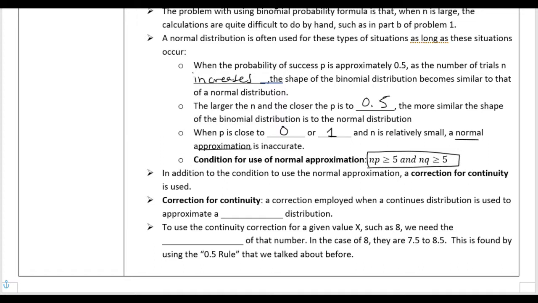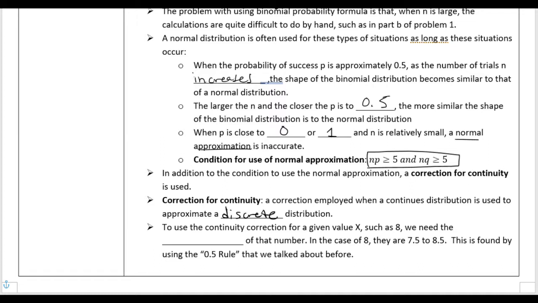All right, so in addition to this condition, if you use this condition, then you can go ahead and use the normal approximation. However, in order to use the normal approximation, you have to correct for continuity. And what do we mean by that? Correction for continuity means that you're making a correction because remember that the bell curve is continuous, but the binomial is discrete.